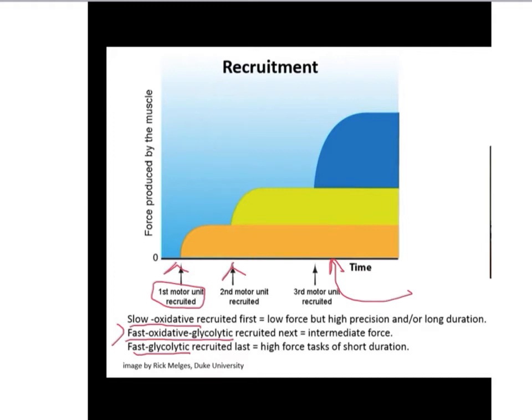But they can only maintain that for just a small number of seconds. So they're using that fast glycolytic fiber group, but it's so short-lived because you don't have that oxygen, you don't have that extra ATP production. So that's your snatch and grab, and that's what you're looking at with this maximum effort over here: maximum force, short period of time. Over here, we had low force, longer period of time.